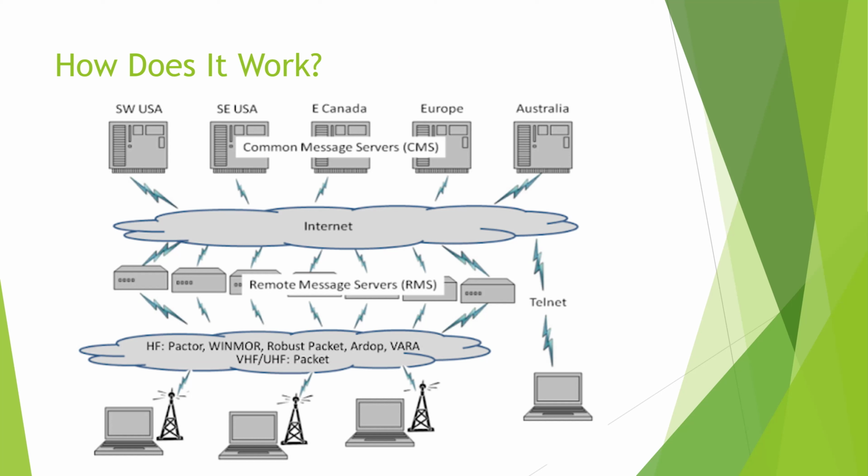So the RMS systems will be listening with one of these modulations that they're waiting for. You can make a connection to them. They will make a corresponding connection through the internet to the CMS, and you pass your message to the RMS. It sends it to the CMS. The CMS sends back, okay, I've got it. The RMS sends back to you, okay, I've got it. And you know that it's been delivered to the CMS.